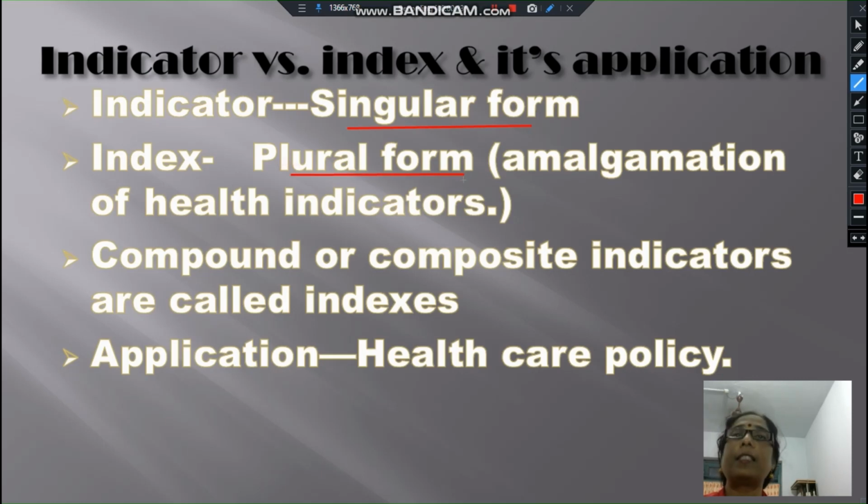It has been suggested that in relation to health trends, the term indicator is to be preferred to index, whereas a health index is generally considered to be the amalgamation of health indicators. Compound and composite indicators are called indexes. An application: health indicators are often used by the government in their healthcare policy.